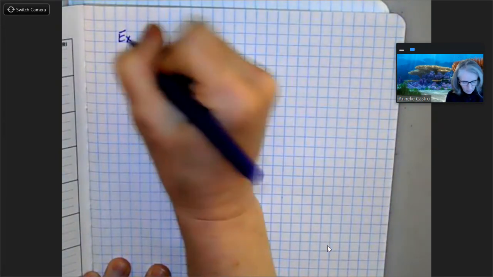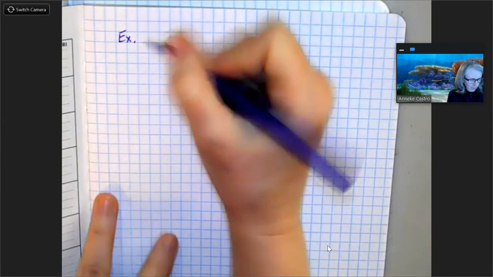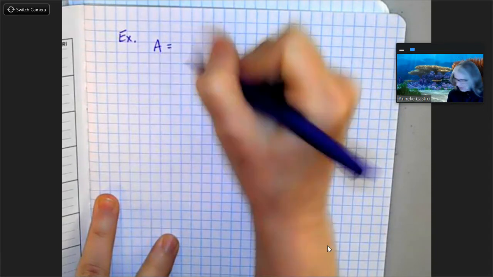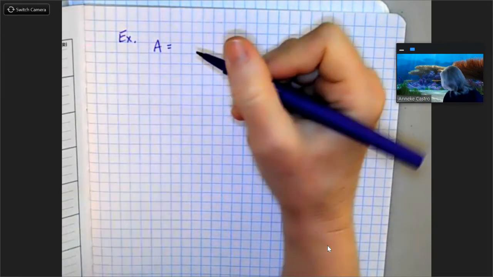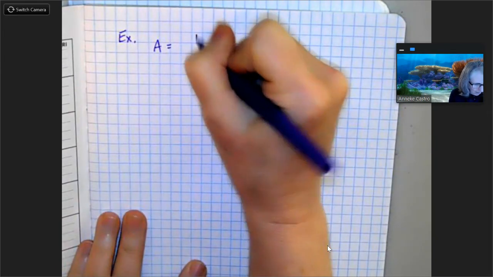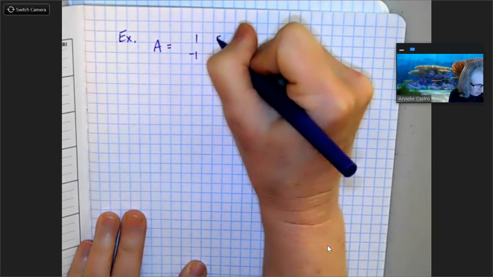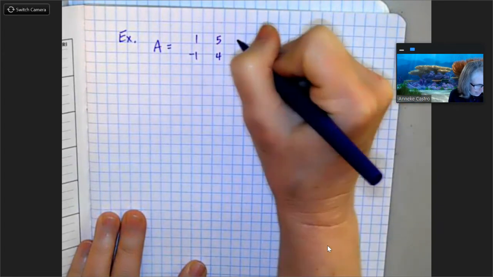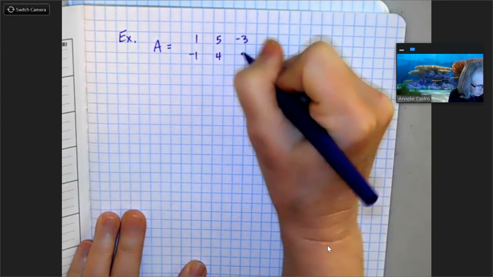All right, second example. So here we're going to do one without a context. Matrix A is going to be, let me get this closer to me so I copy it right, 1, -1, 5, 4, -3, and 2.